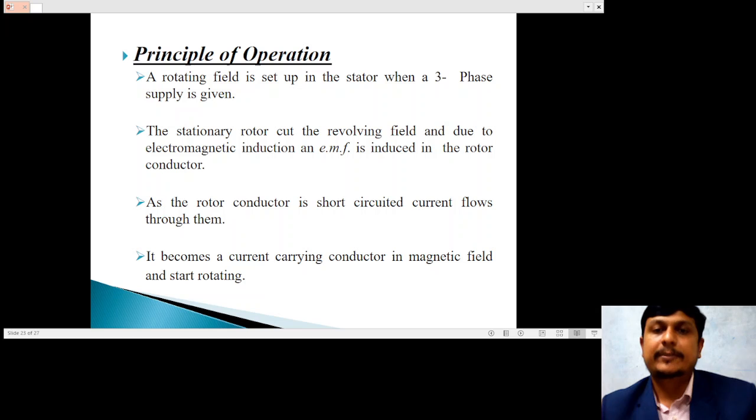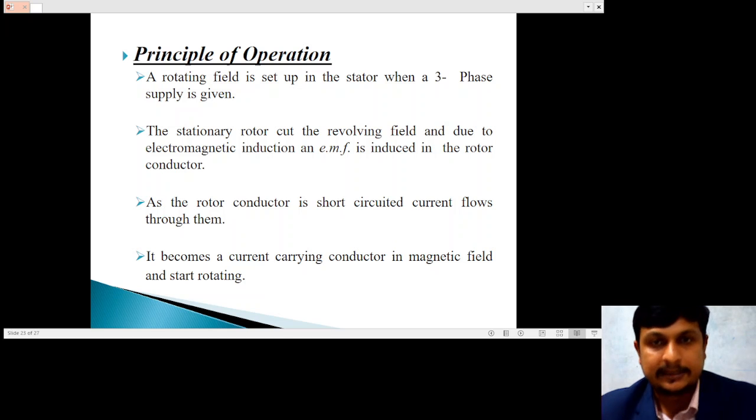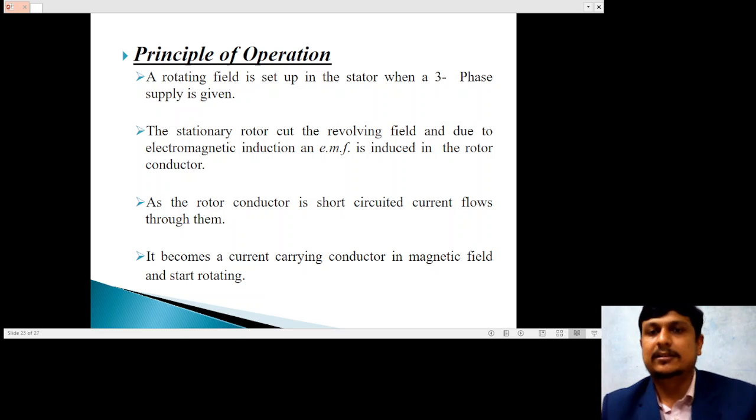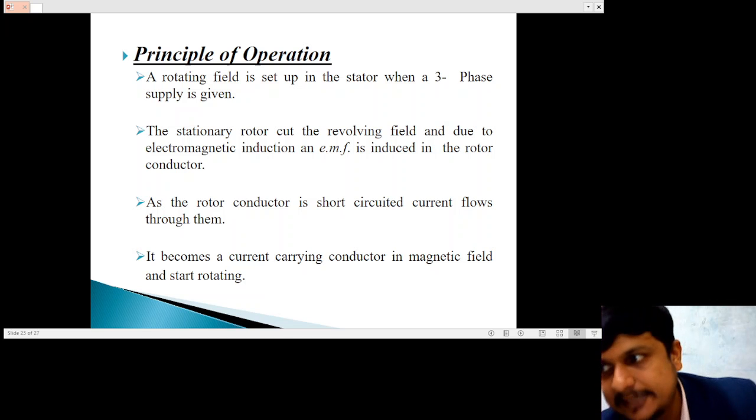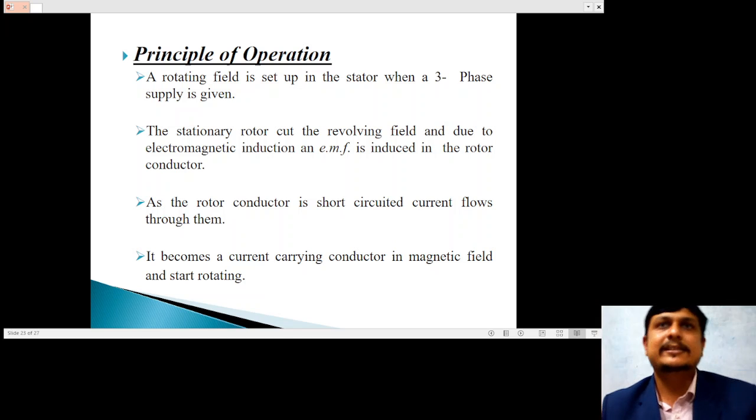As per the electromechanical principle, when a current carrying conductor is placed in a magnetic field, it experiences a torque. Due to that torque, the rotor starts to rotate and tries to catch up with synchronous speed.